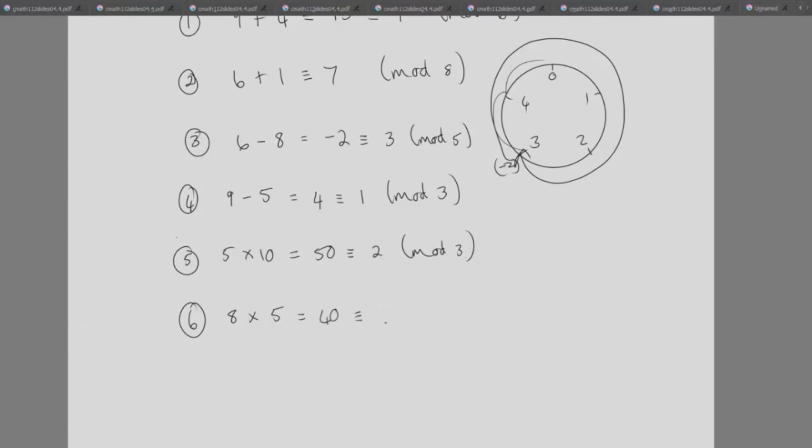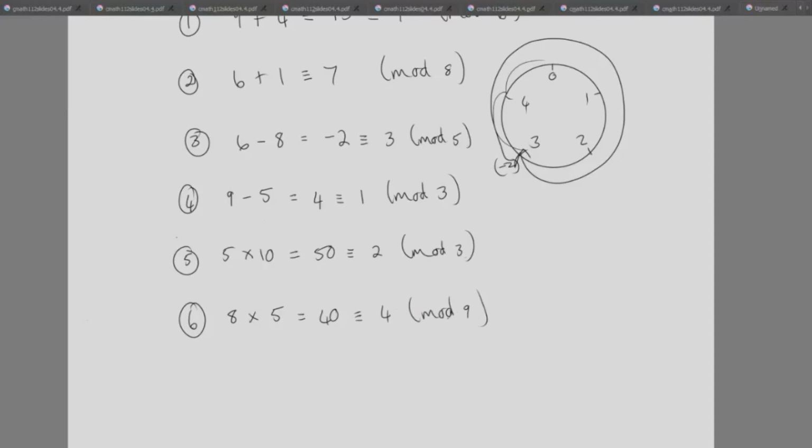What is that mod 9? Well, 9 has a multiple of 36. So I'm going to be left with a 4.